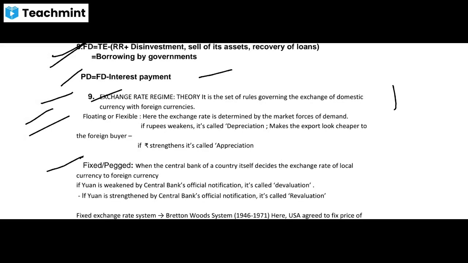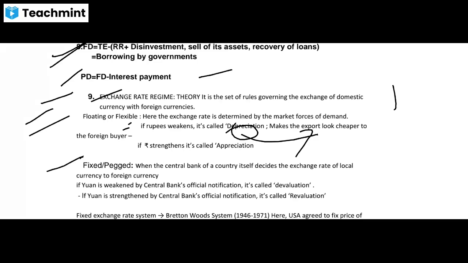So in this floating exchange rate regime, if the rupee weakens against the dollar, then the term used for this weakening of rupee is called depreciation. And this depreciation makes the export cheaper.